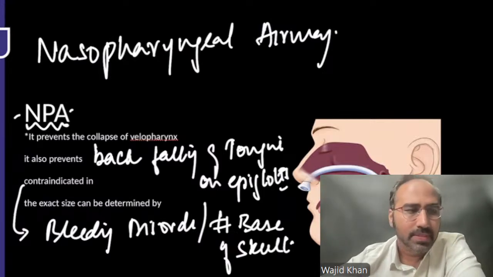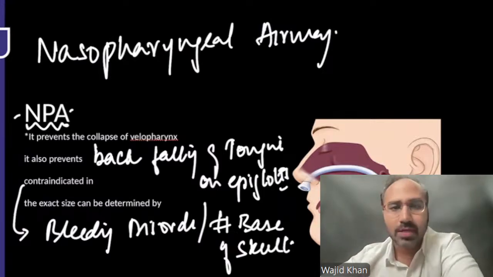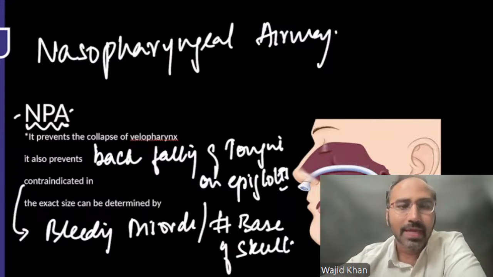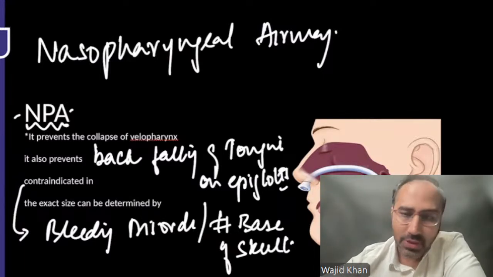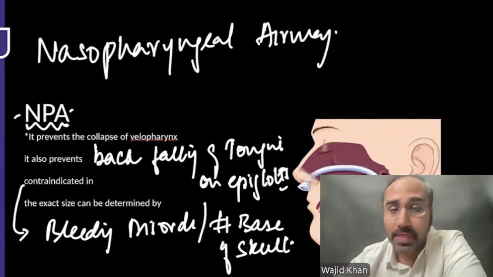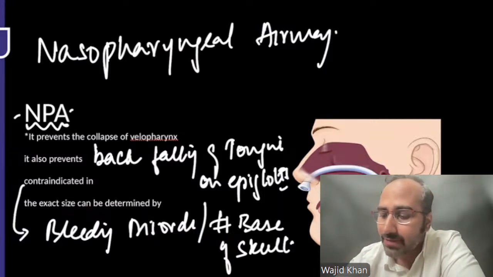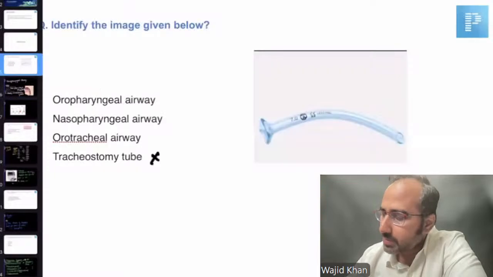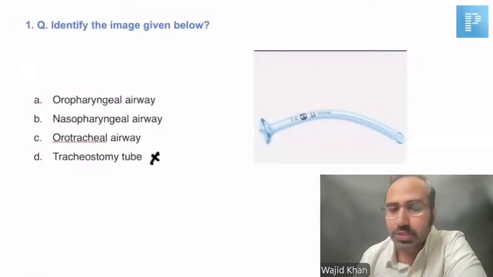You can't keep his airway patent by keeping an oral tube. In those patients, you can put a nasopharyngeal airway to keep the airway patent.